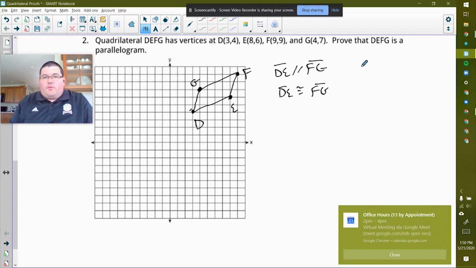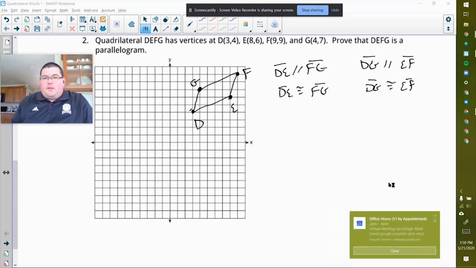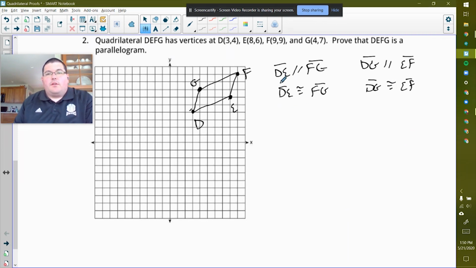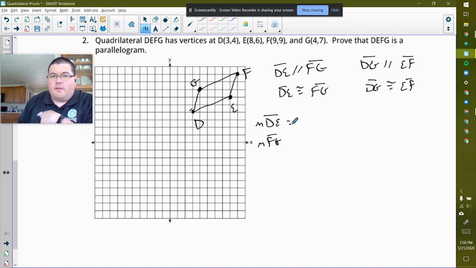We would need to prove that DG is parallel to EF as well as DG being congruent to EF. So let's test the slopes. Slope of DE versus the slope of FG.